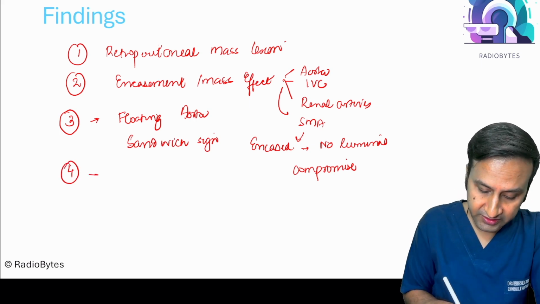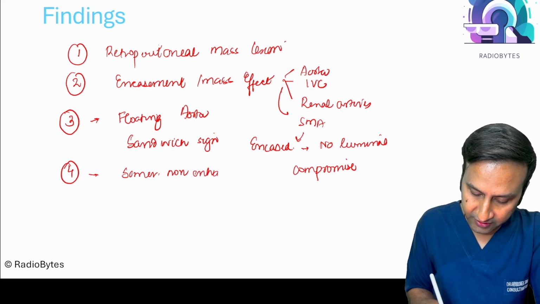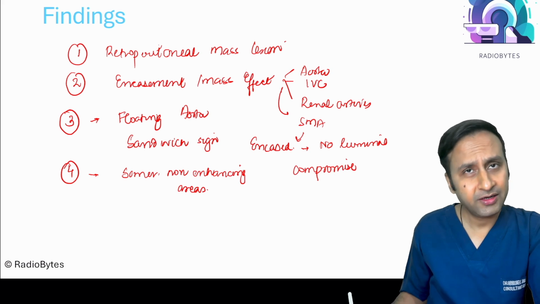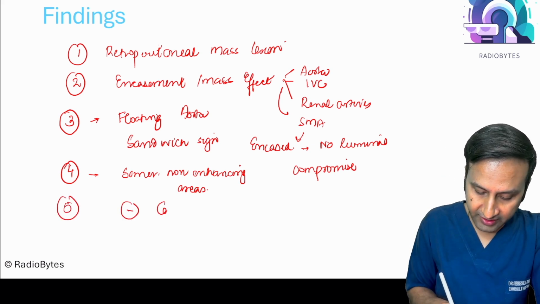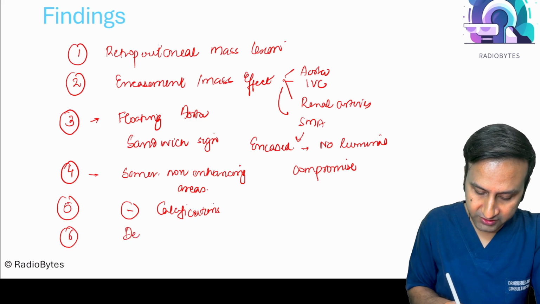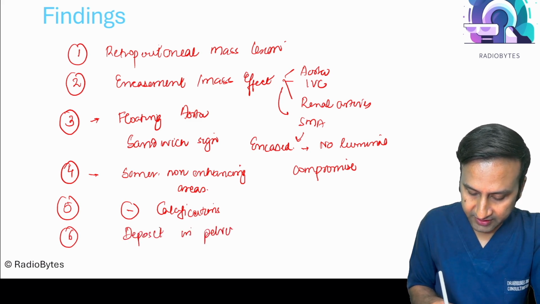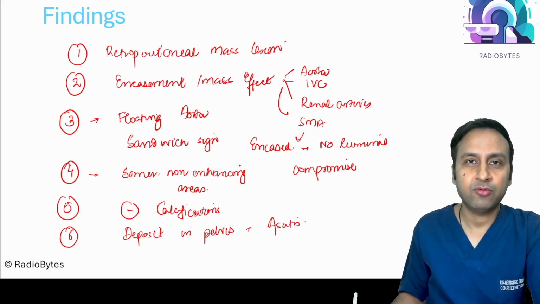So we do see some non-enhancing areas, which may represent either cystic changes or necrosis. And a very important negative finding is absence of calcifications. Finally, we have a deposit in pelvis plus ascites. So in short, these are the most important findings that we can take from our case.